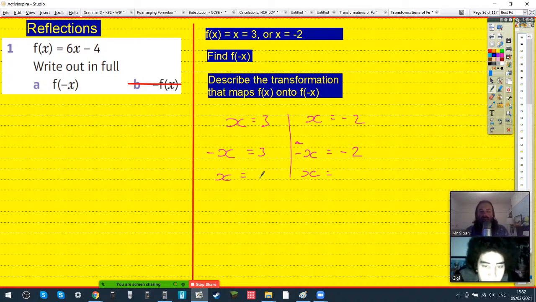Or solve for x. Two separate things. Minus x is 3. So what is... x is 3. Minus x is 3. So positive x? Minus 3. Yep. The other one? 2. So it's literally, if x is replaced by minus x, all the positive x's become negative, all the negative x's become positive.